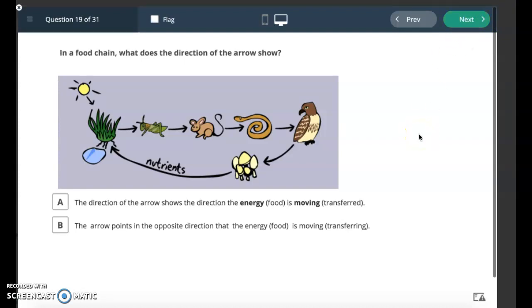In a food chain, what does the direction of the arrows show? A, the direction of the arrow shows the direction the energy, food is moving, transferred. B, the arrow points in the opposite direction that the energy, food is moving, transfer.